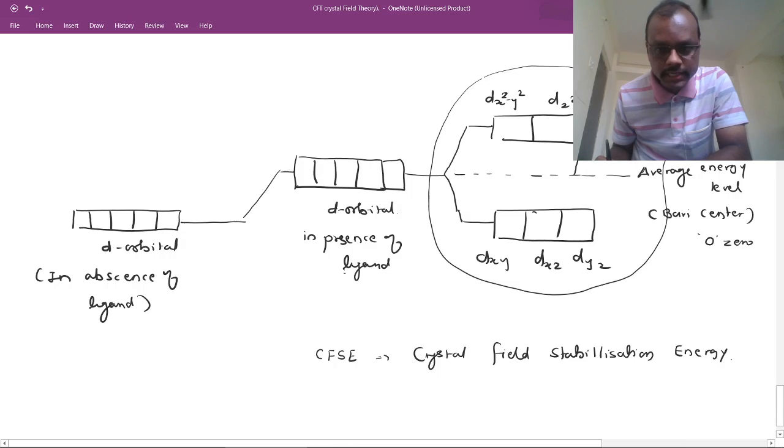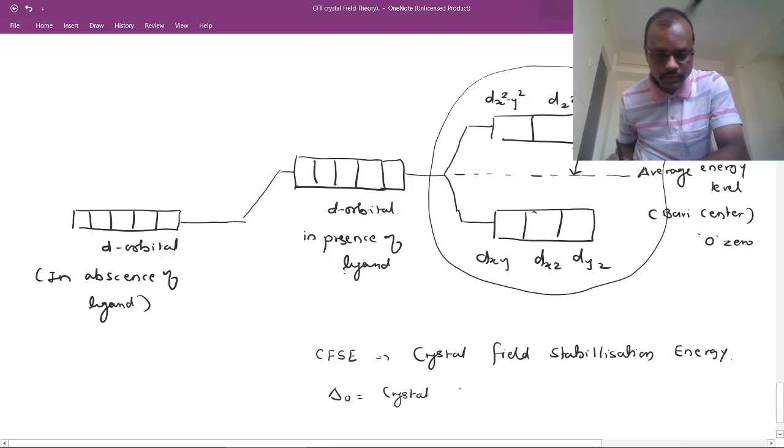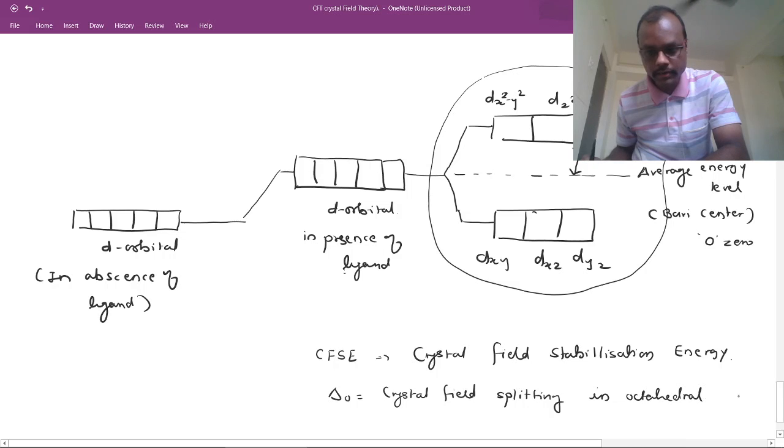Above this barycenter, the energy is 3 by 5 delta 0. Delta 0 is the crystal field splitting in octahedral geometry.